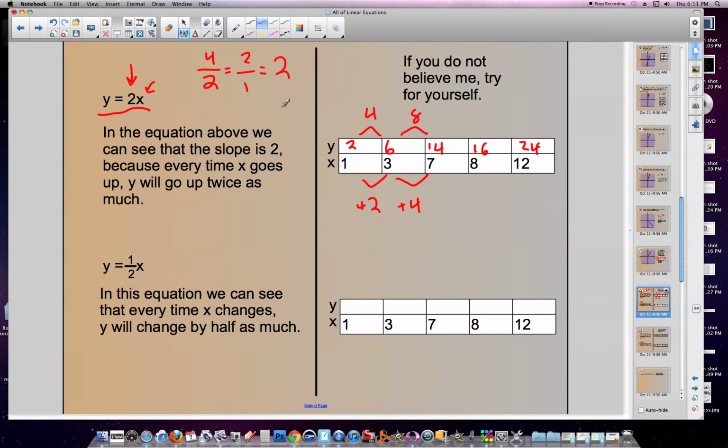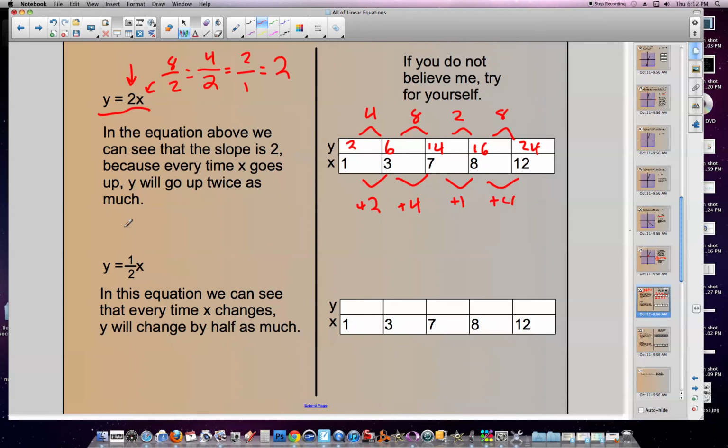So I have 8 over 4. Well, guess what? 8 over 4 is still 2. No matter how much my input goes up, that doesn't change the fact that my output's going to be twice as much, right? This is slope. The amount that my output changes over the amount that my input changed.